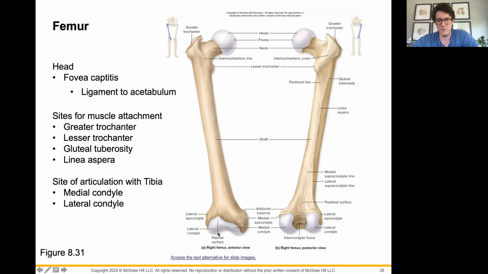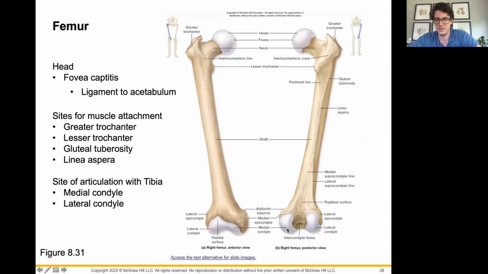Now, the knee, we have massive amounts of articular surface. So all this white that you see right here is very, very smooth, so that we have good, smooth articular surfaces with the tibia, which is the load-bearing bone of the lower leg. So we're able to spread all that force out over as much area as we possibly can. So these are our condyles. We have one on the lateral side, one on the medial side. If you look for the head, we know the head has to be our medial side.